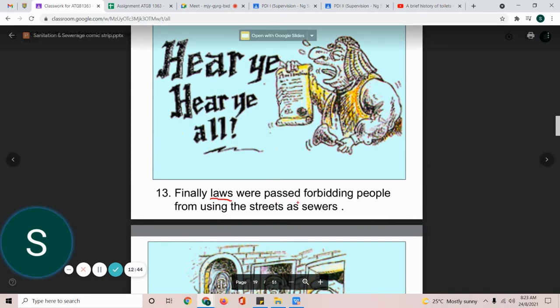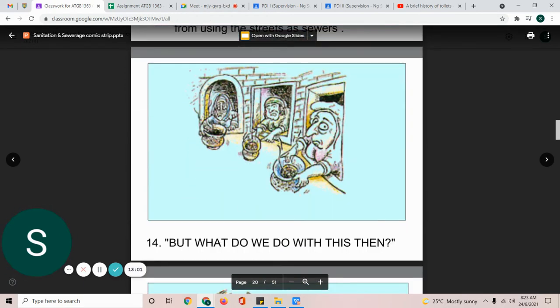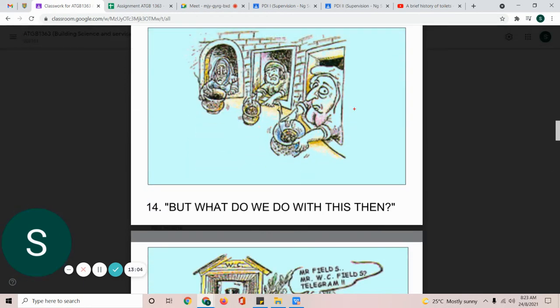This is where people are forbidden to use streets as sewerage, meaning you cannot throw it there. You cannot have, like the ones in a castle, maybe just drop down into the street. So it becomes a law. Then the normal residents will have a question, because this is their practice and we do not have any sewage line.